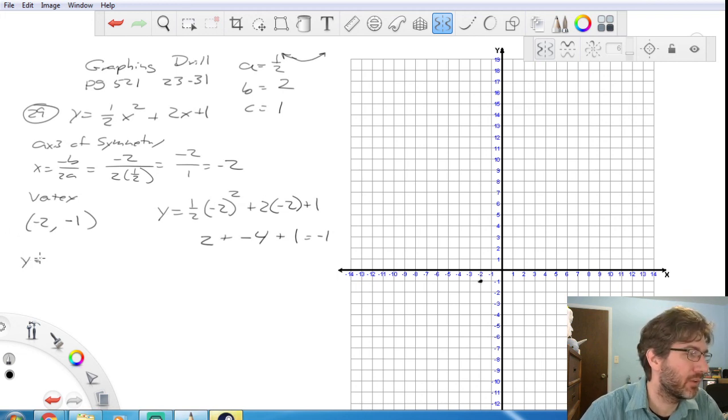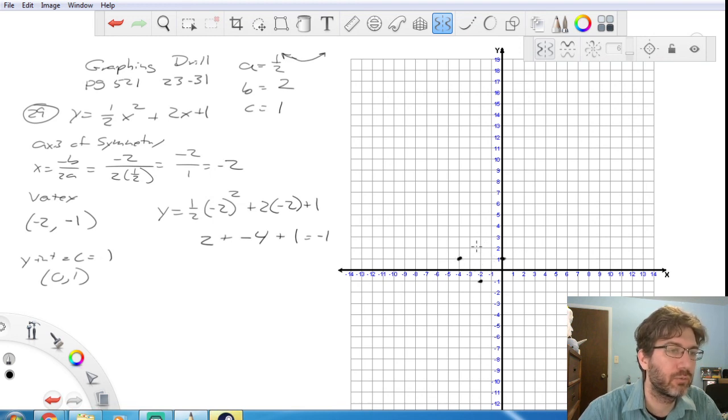Y-intercept is easy to find. Y-intercept equals C and C equals 1, so your y-intercept is 0, 1. And it's already looking pretty flat, so that's over 2, over 2. There's its reflection over the line of symmetry, and we can find another value, and let's go with an even number because we want this 1/2 to make more sense.